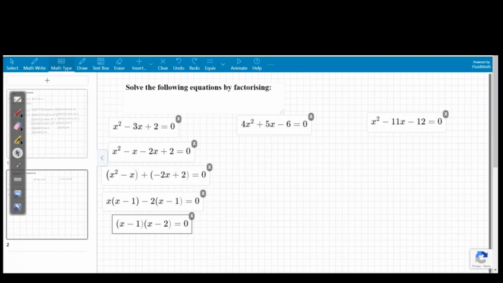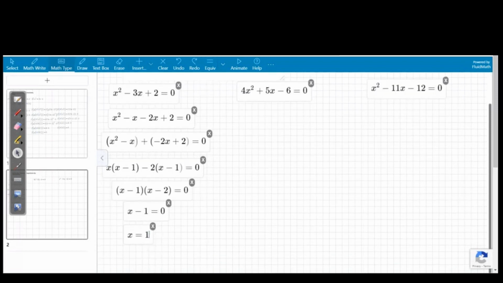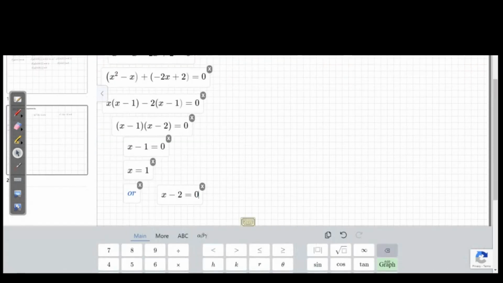So we apply that concept, which means either x minus 1 is equal to 0, which implies that x is equal to 1, or x minus 2 equals 0, which implies that x is equal to 2.